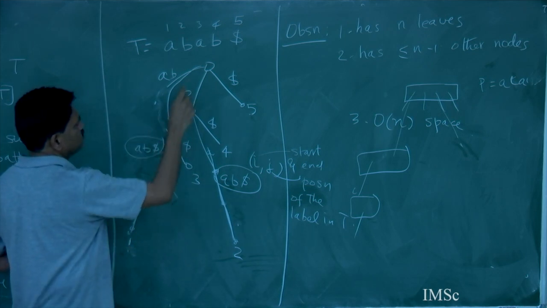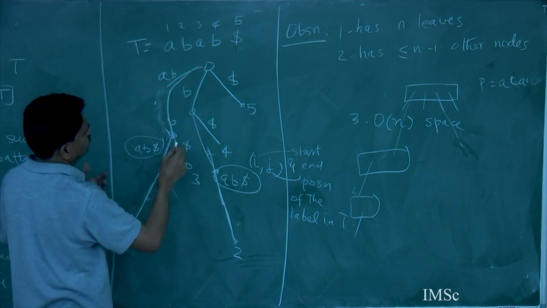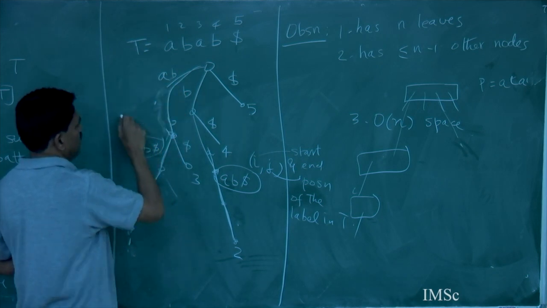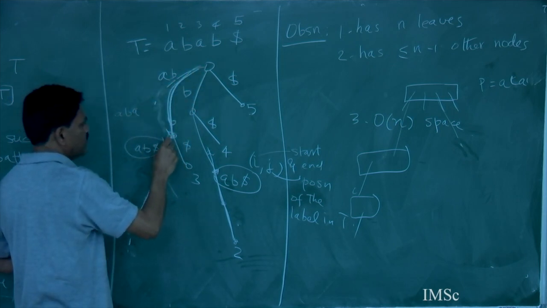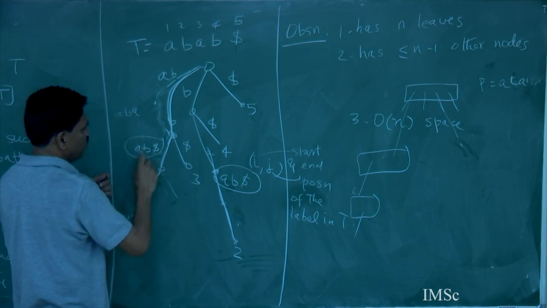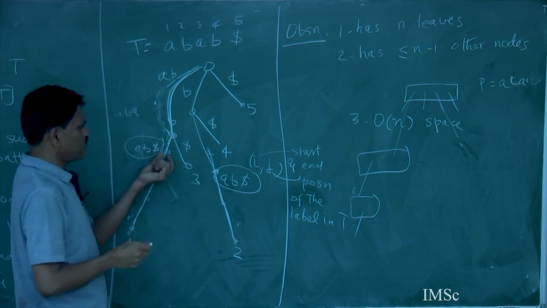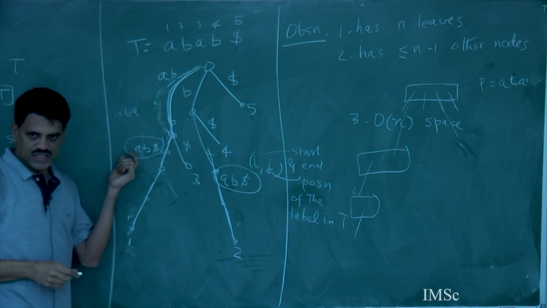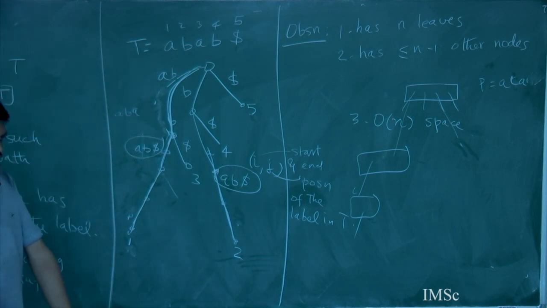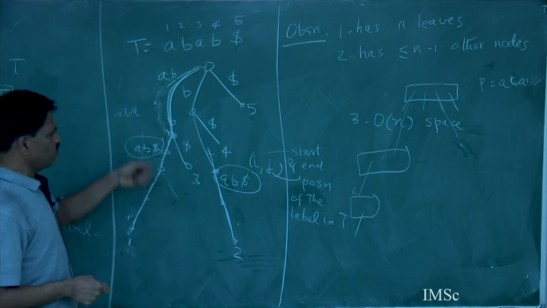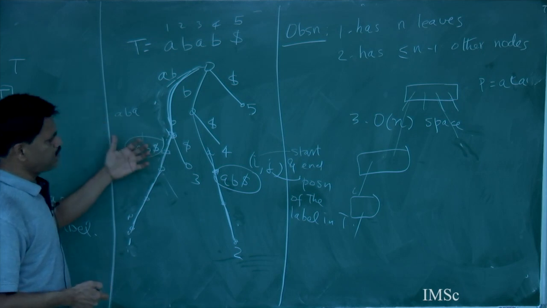If I am looking for ABA, I follow through and get AB, and then my search ends somewhere in the middle of the edge. So, either I have nothing out of this node matching my next character, and the pattern does not exist, or I have exhausted the pattern and reached an internal node or the middle of an edge, and the pattern exists.